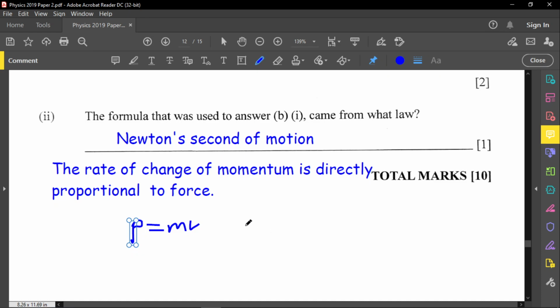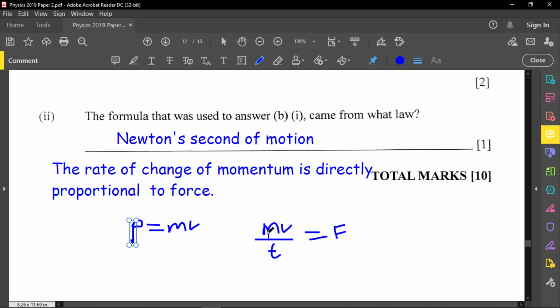So mass times velocity, which is momentum, over time is equal to force. That's what this is saying. Because the rate of change of momentum, which is momentum divided by time, is equal to force.